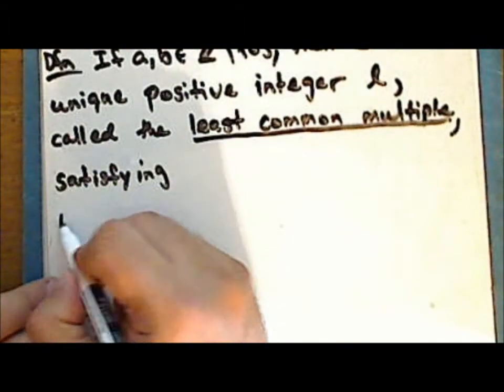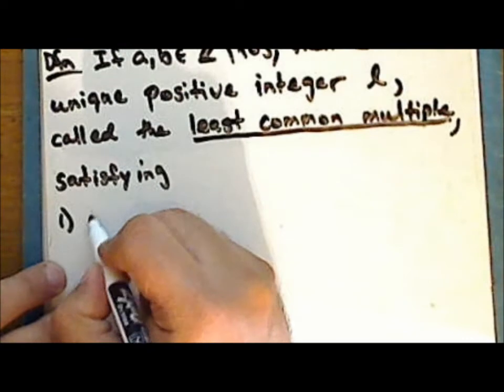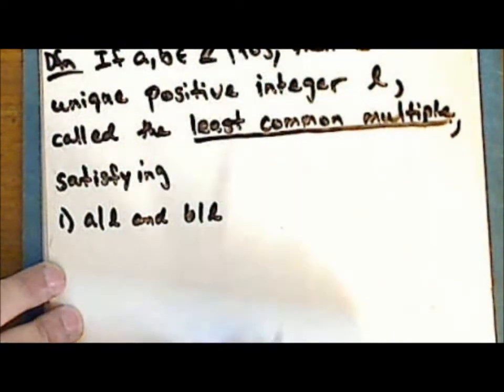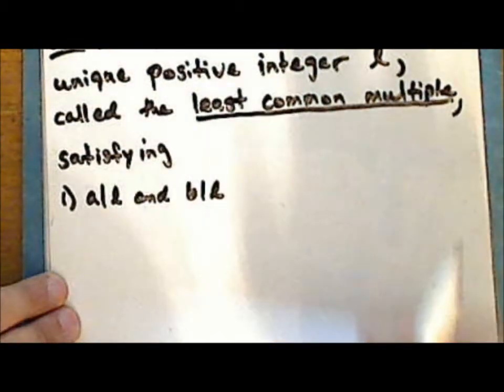First, A divides L and B divides L. And so L is a multiple of both A and B, or is a common multiple of A and B.